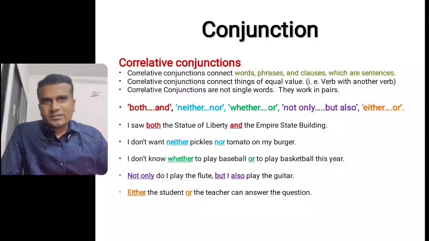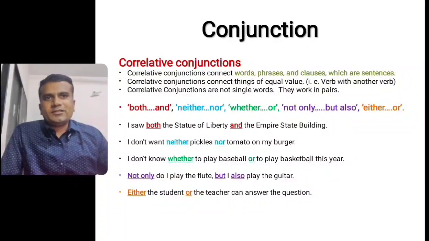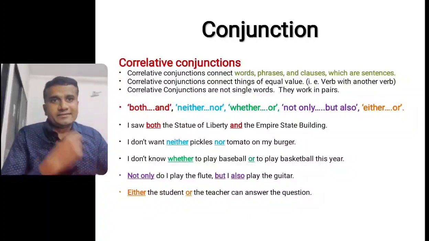Correlative conjunctions are both...and, neither...nor, whether...or, not only...but also, either...or. You will see the examples on the screen, and you will find how correlative conjunctions are used in sentences.